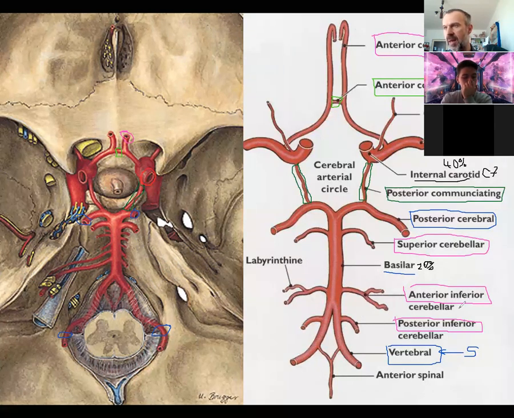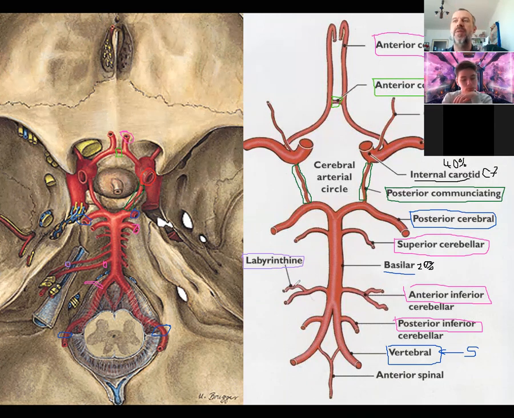So it supplies the cerebellum, as we can see them here, and the last one here, not visible. It supplies the internal ear. We can see the labyrinthine artery. The labyrinthine artery can be a branch of the anterior inferior cerebellar or a direct branch of the basilar here, and it supplies the inner ear.